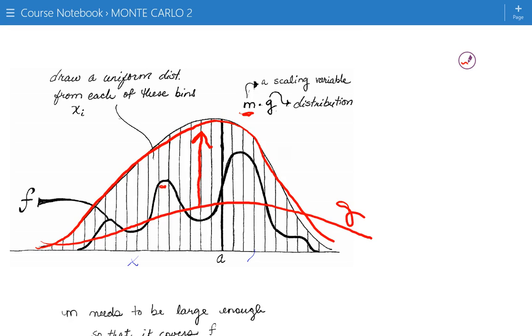And the scale factor M you want so that it covers it all the way out in the tails, and it does so as minimally as possible, which means you want the distance to be as small as possible. But it still has to cover it all the way out in the tails. In other words, your M times g must go above however f is actually going.